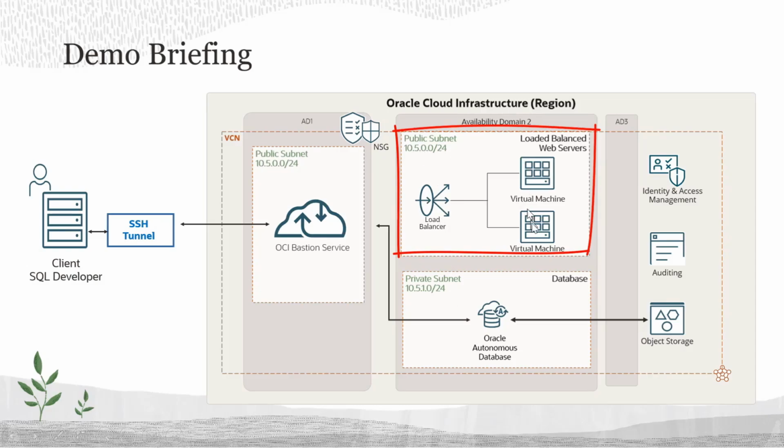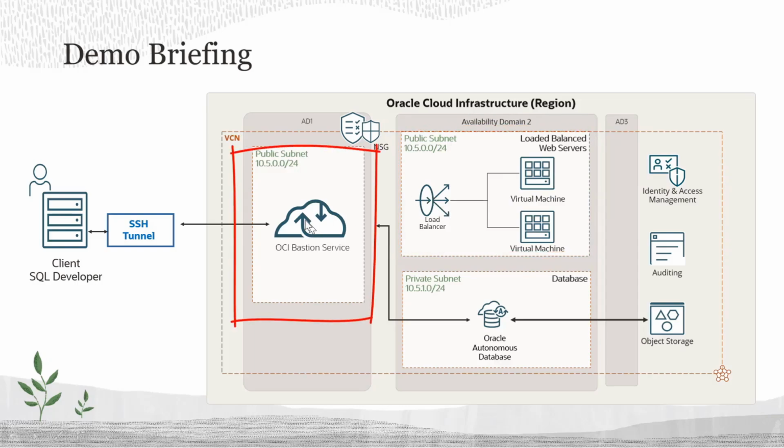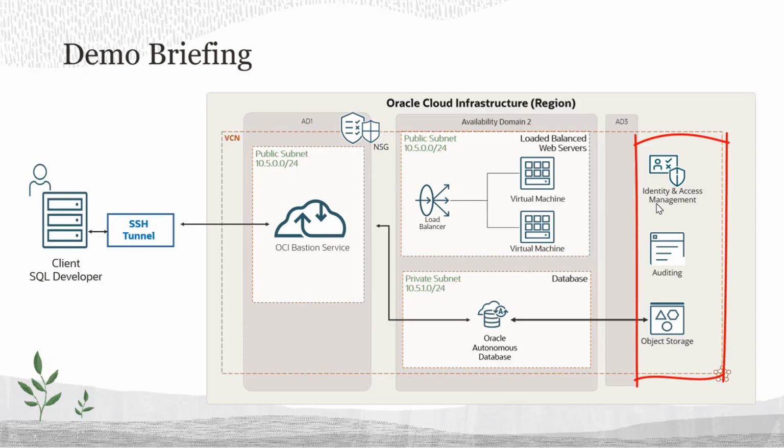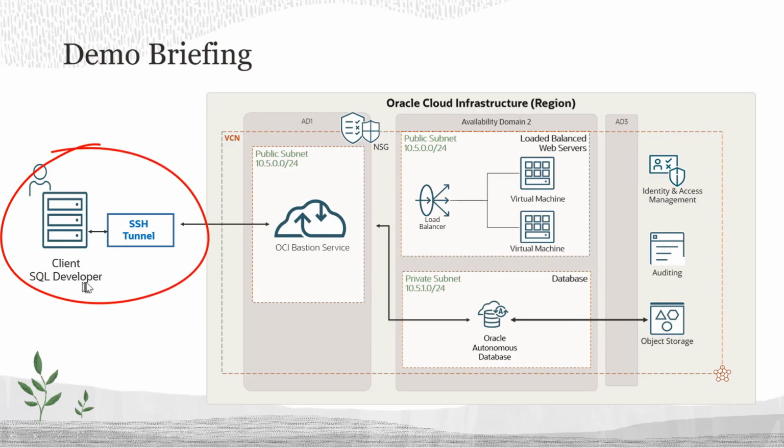Here there are a few virtual machines and web servers, and you have a load balancer within that public subnet. And then there is a Bastion service which is created in another public subnet. You might be using other services like identity and access management, auditing, or object storage. And this is our client, which is SQL Developer here.